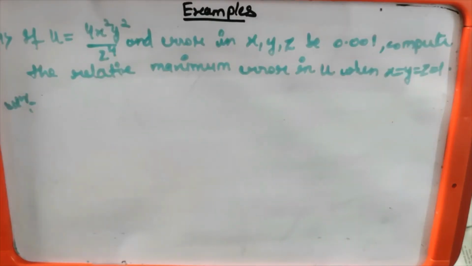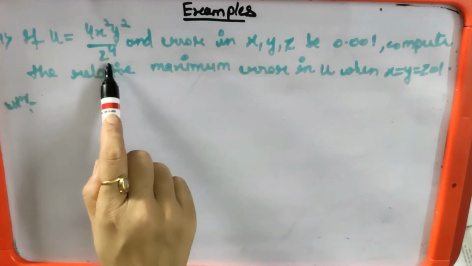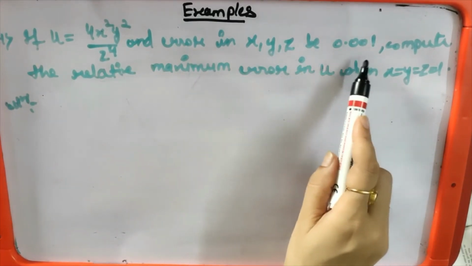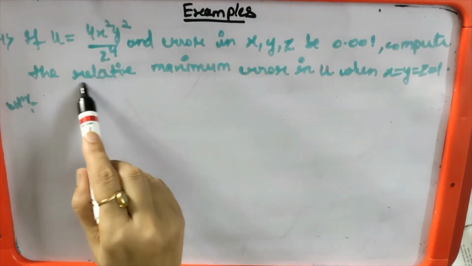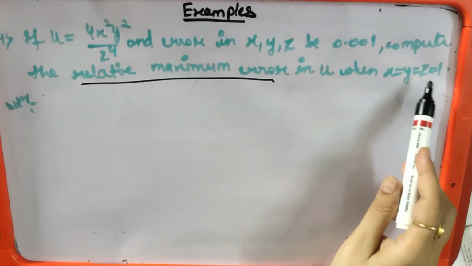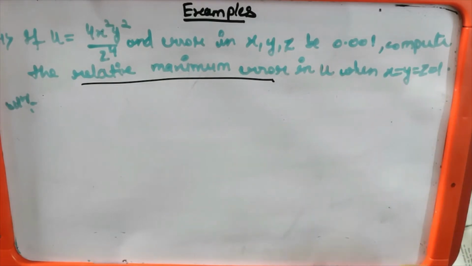Now example number 4. If u is equals to 4x square y square upon z to the power 4 and error in x, y, z be 0.001, we have to compute the relative maximum error in u when value of x, y, z is 1.